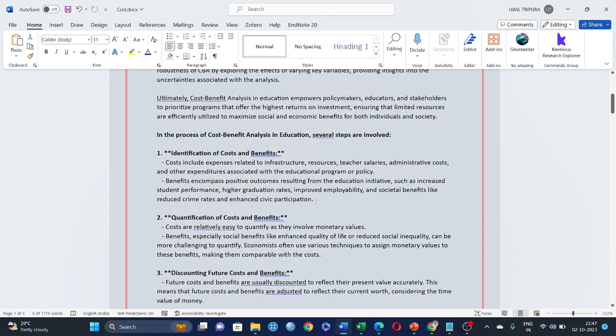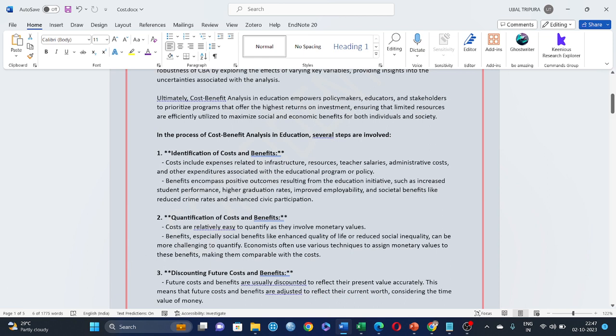Next is quantification of costs and benefits. It is relatively easy to quantify when it involves monetary values. In the Indian education system, spending should be 6% of overall GDP, but in the current scenario we are spending only around 3%.